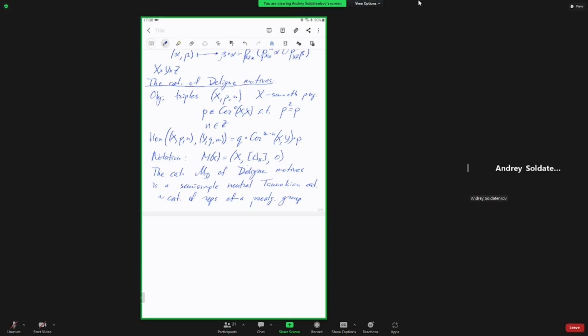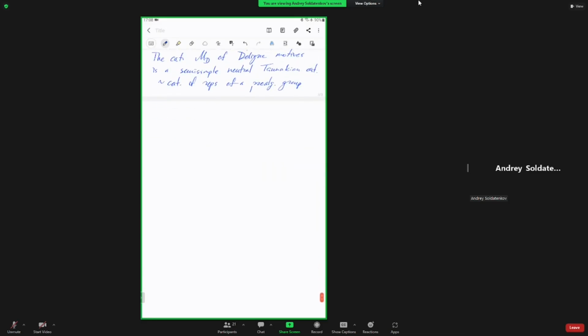This formalism is quite convenient. Okay, so now how do I want to use it? Well, let's look at the subcategory inside this M_D generated by all abelian varieties. So I take motifs M(A) of all abelian varieties.